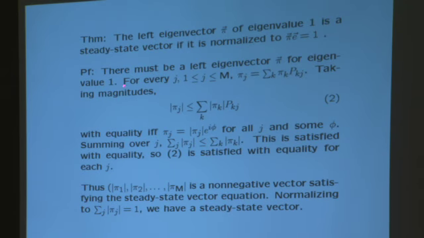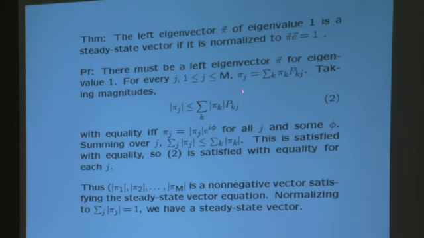Okay, the proof is there must be a left eigenvector pi for eigenvalue 1. We already know that. For every j, pi sub j is equal to the sum over k of pi sub k times p sub kj. We don't know whether these are complex or real. We don't know whether they're positive or negative if they're real.